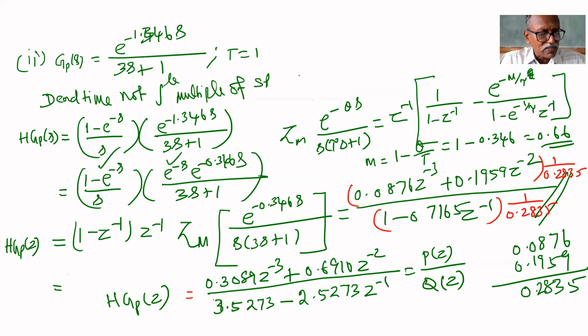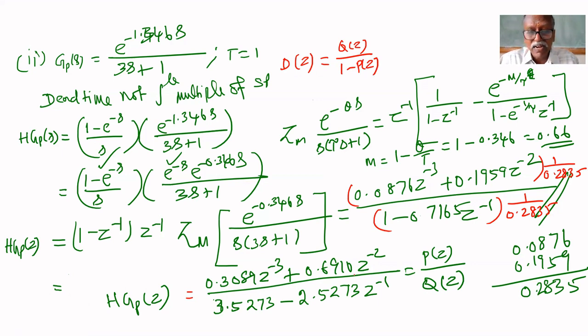What is the controller D of Z? The controller D of Z equal to Q of Z upon 1 minus P of Z. When we call it P of Z, the sum of coefficients must be equal to 1.